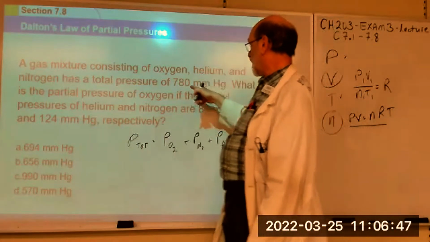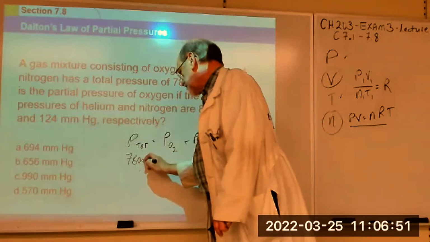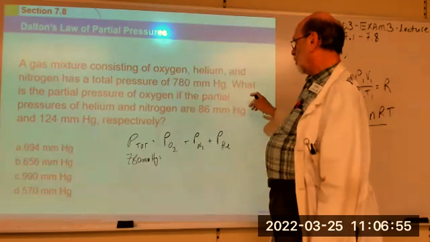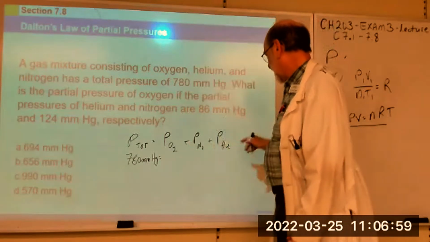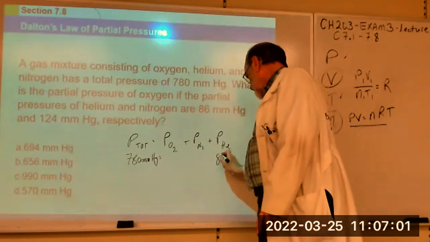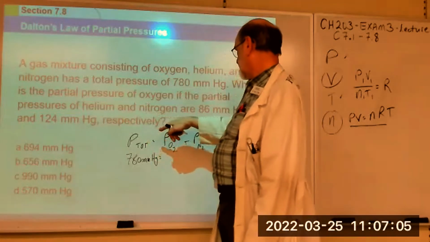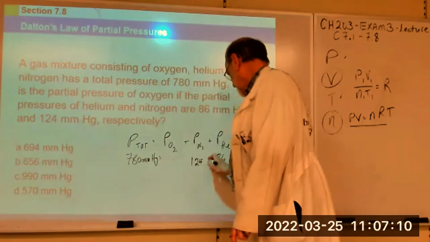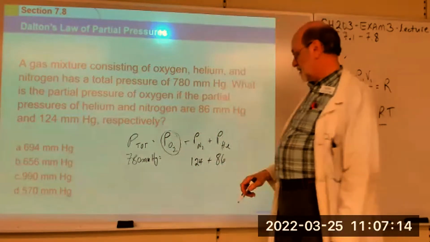So we know the total pressure is 780 millimeters of mercury. We're given the pressure of helium as 86 millimeters of mercury. And the pressure of nitrogen is 124. There's your unknown.